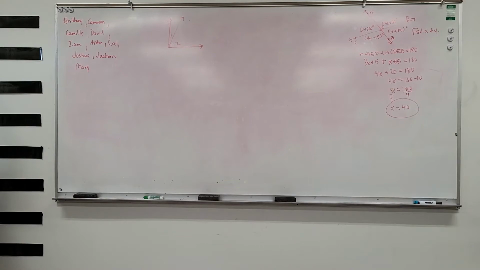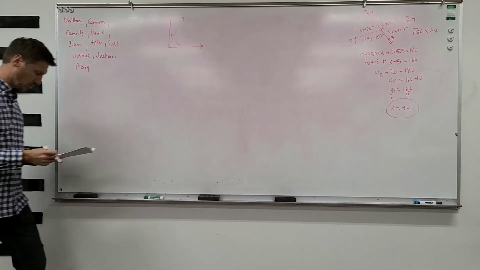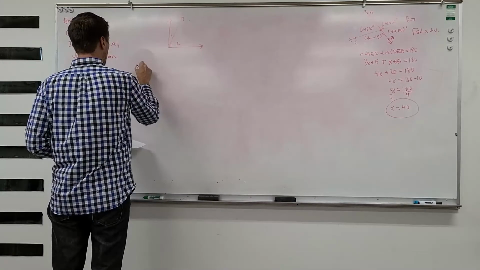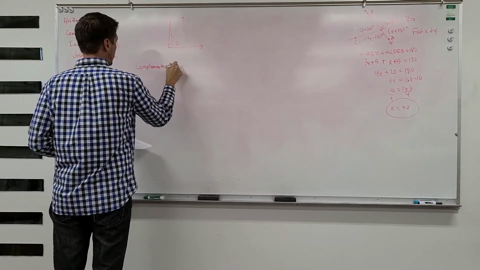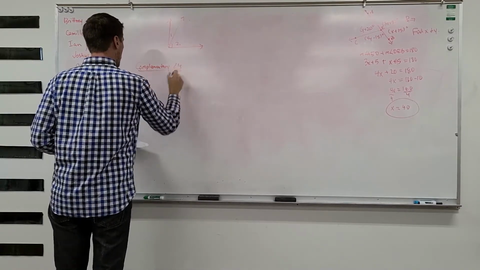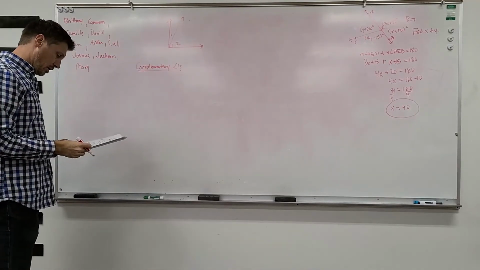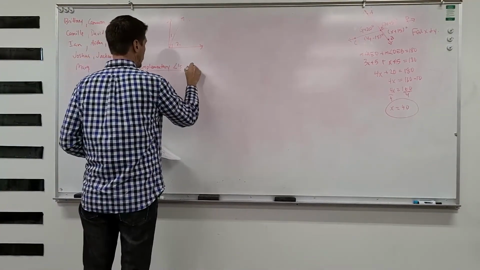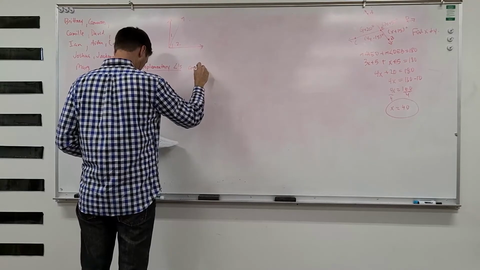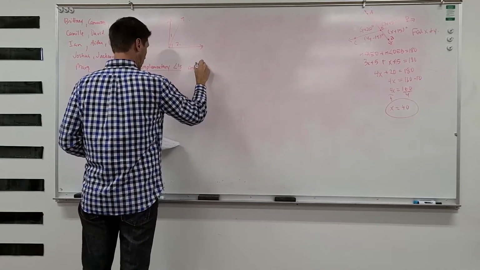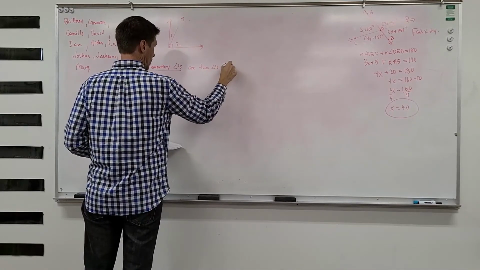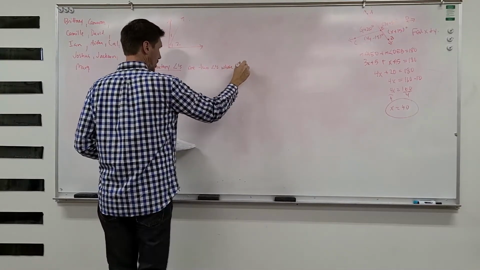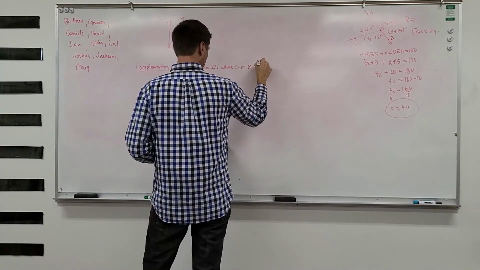The measure of angle 1 plus the measure of angle 2 is 90 degrees. And so those are complementary angles. Complementary angles are two angles whose sum is 90 degrees.